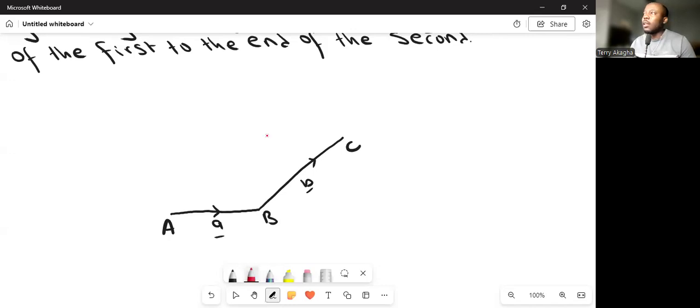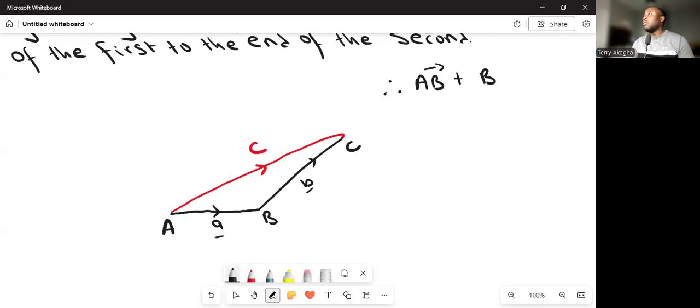What I'm saying is that you just take a vector starting from the beginning of A that is going to stop where you want it to. This is going to be called vector C. So therefore, I can now say vector AB plus vector BC is equal to vector AC.